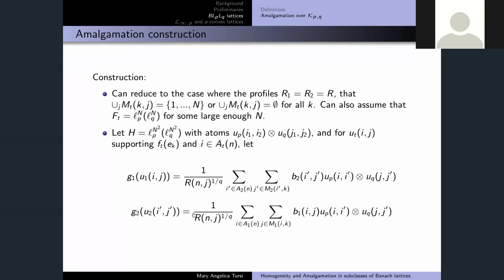And the reason is because of these profiles R being used in the definition for both of these maps. So it's a bit technical. I don't want to go too much into it, but basically by characterizing these finite dimensional spaces, I can then also give a nice amalgamation construction.